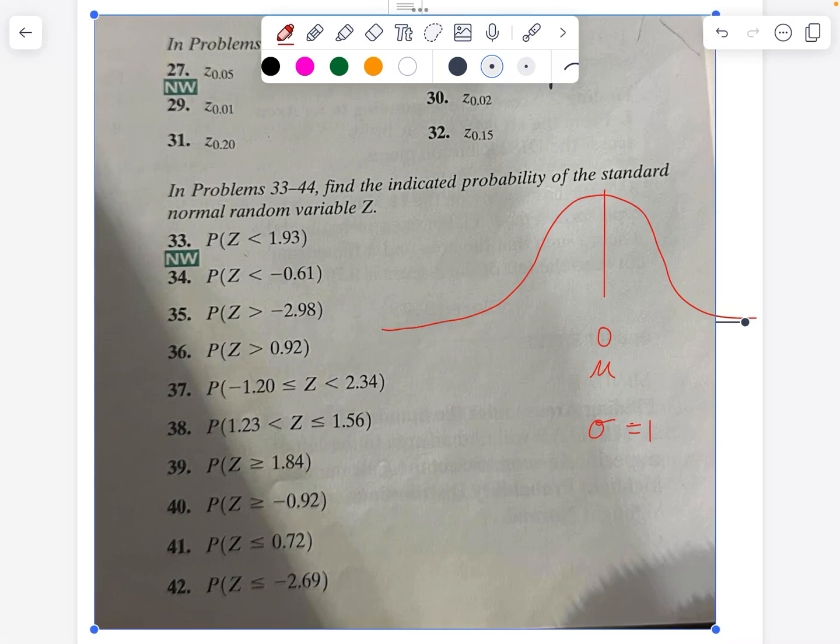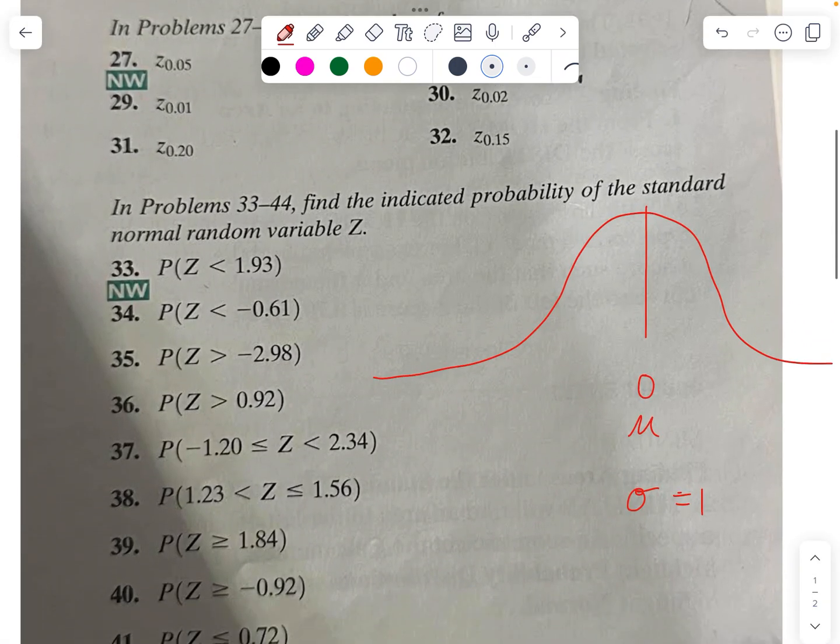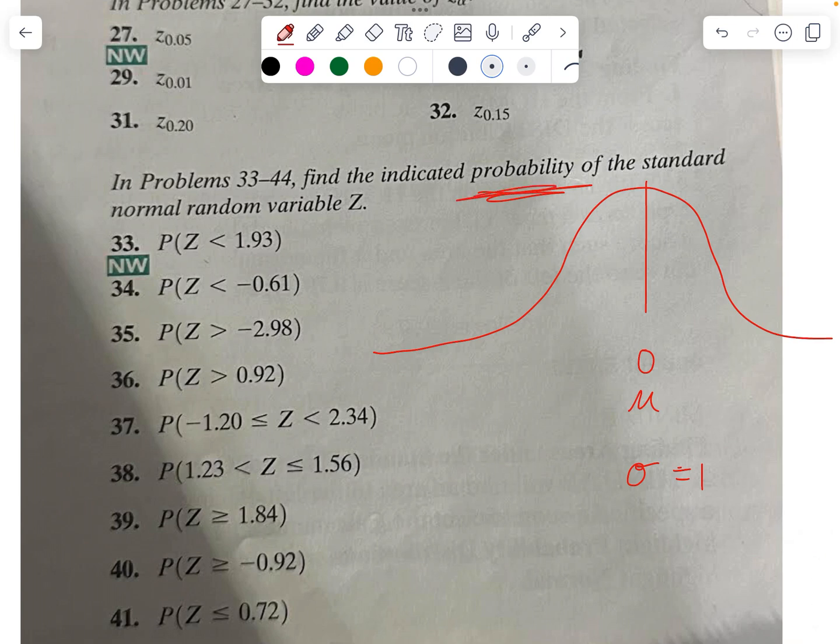So what this is saying is, what's the area, or probability, that's the area under the curve for some interval. So our first question is asking us, what's the probability that z is less than 1.93.